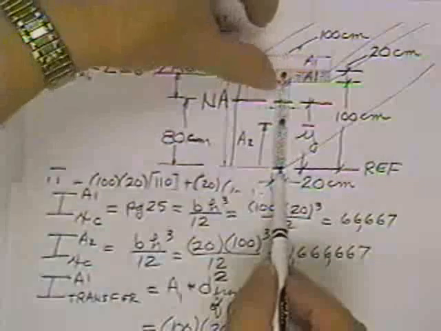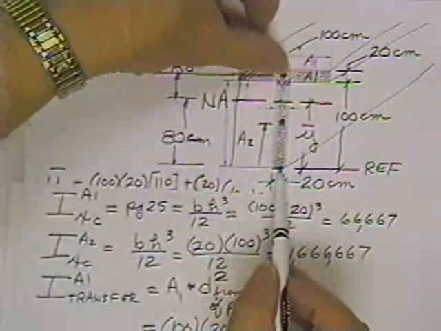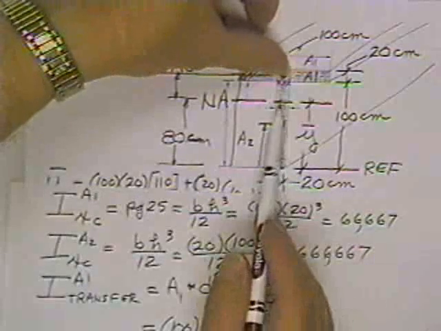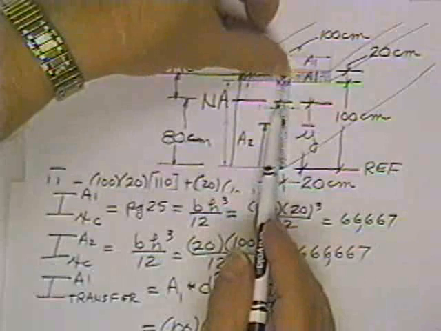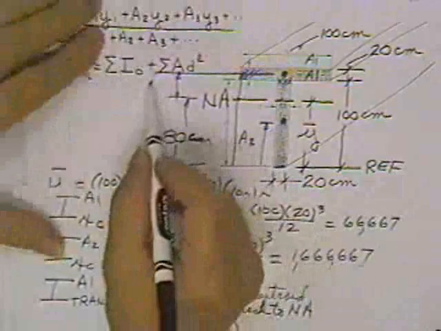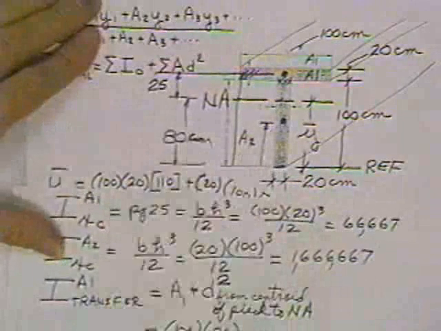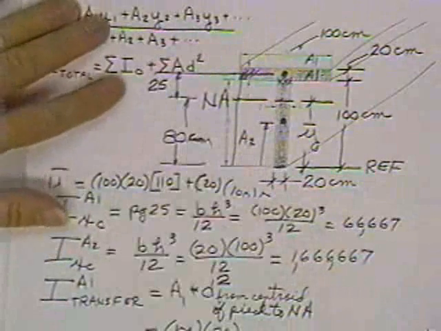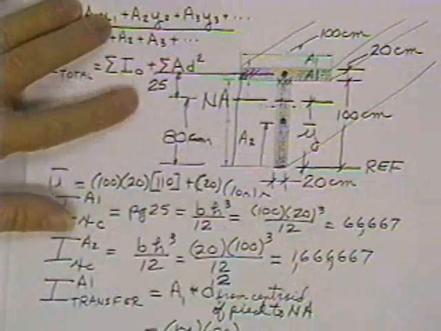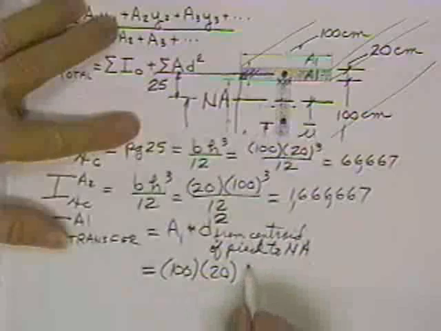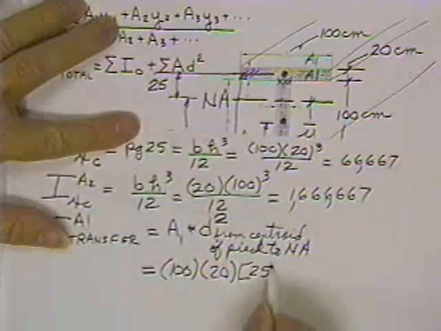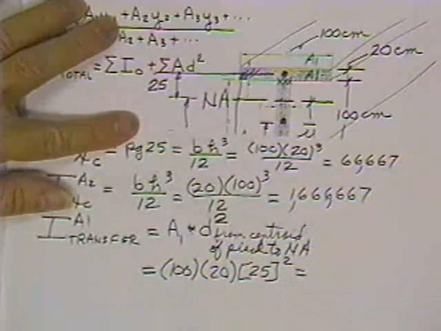Well, this was 110, so 110 take away 80 is 25. So that's how many centimeters it is to area 1's centroid from the neutral axis. So we multiply that times 25 squared, and that's the transfer moment of inertia.